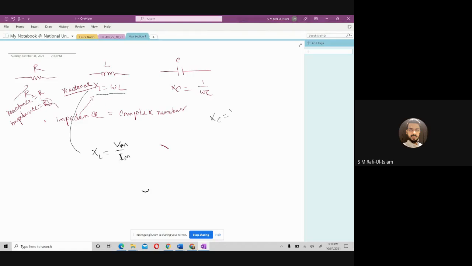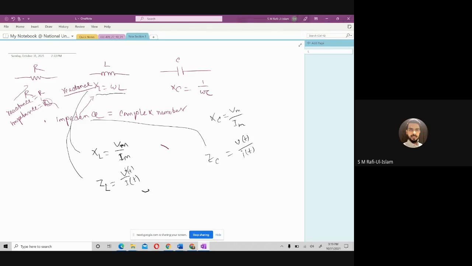XC equals also Vm by Im. But for the impedance formula, let's say ZL and ZC. This means not the ratio between the maximum values, it is the general expression V by I, the time dependent voltage and time dependent current.